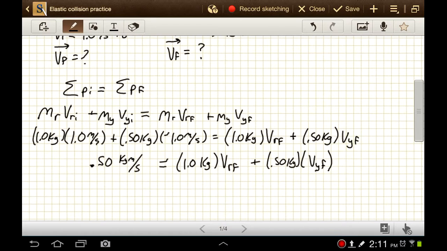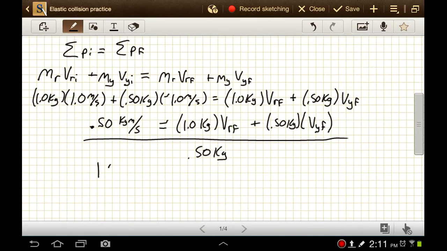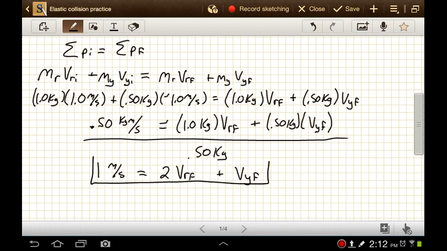You could do it without this step. I just prefer to work with whole numbers if I can. So I'll divide everything by 0.50 kilograms, and that gives me 1 meter per second equal to 2 VRF plus just a 1 VYF, and the kilograms cancel here for units. Okay, so that's one of our equations.